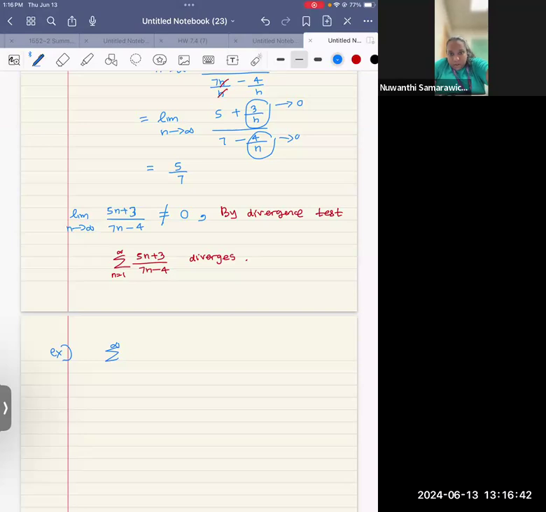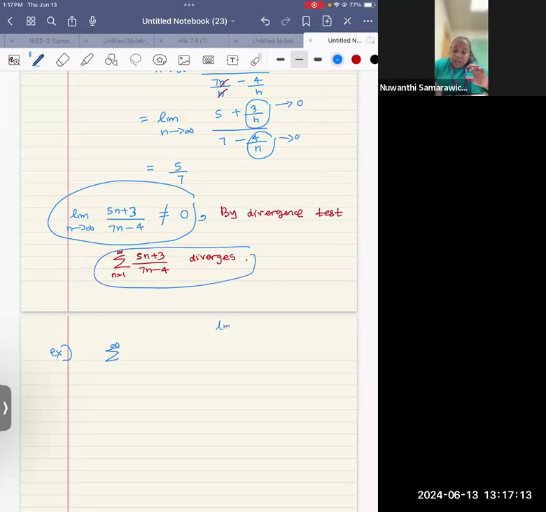So Emma asked a question. If the limit is 0, then the series is... that's why I said "if so." The only thing that we can get from the divergence test is if the limit is not equal to 0, the series diverges.